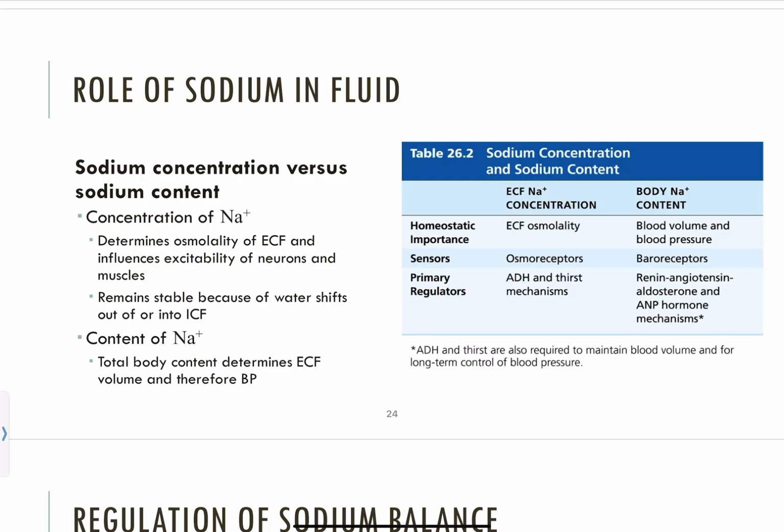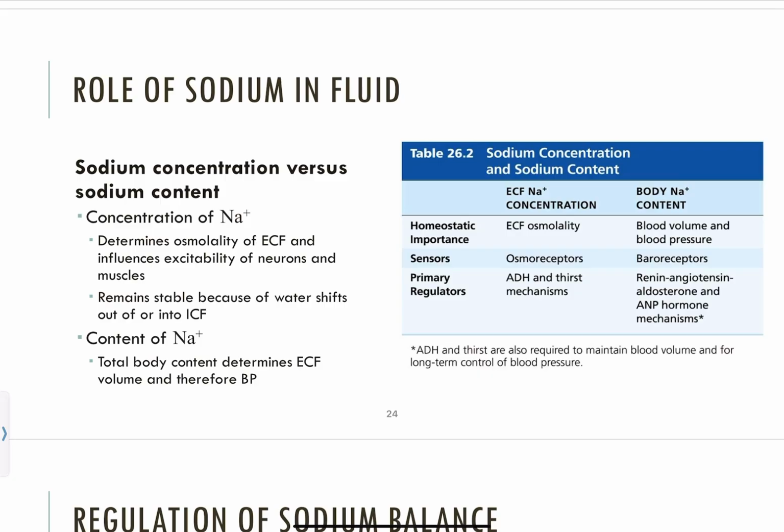So the primary regulators for sodium concentration are going to be the ones that move water, so ADH and our thirst mechanisms. We talked about ADH being able to reabsorb water. If we had a high sodium concentration and we needed to dilute it a little bit more, ADH would be released and allow us to reabsorb water to bring that osmolarity down.